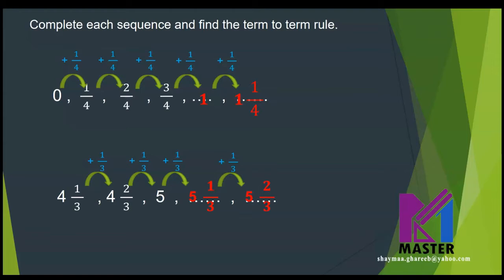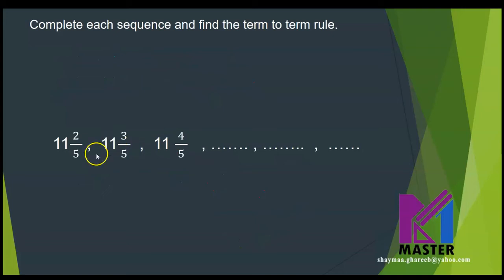Okay? It's really important to know how you can count forward and backward by unit fractions, such as quarter, third, fifths, whatever the fraction is. Okay? Is this clear? Now look at this sequence. 2/5 became 3/5. 11 and 2/5, 11 and 3/5.